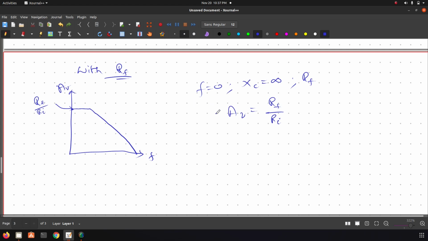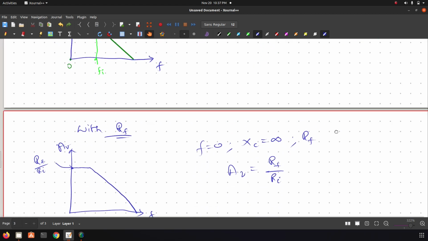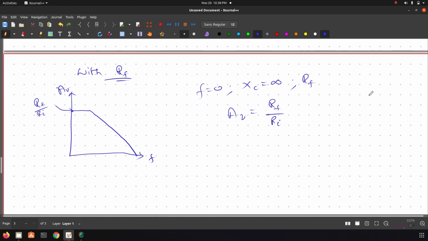Okay, sorry, the XC starts to become low, and as a result the resistance falls down and the gain also falls down. So if you look at the RF, the total resistance of the feedback network is something like this.